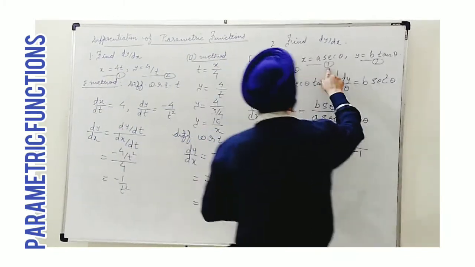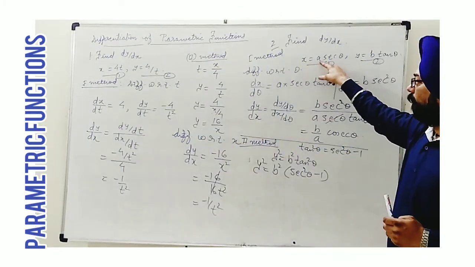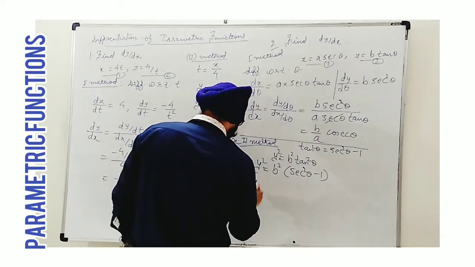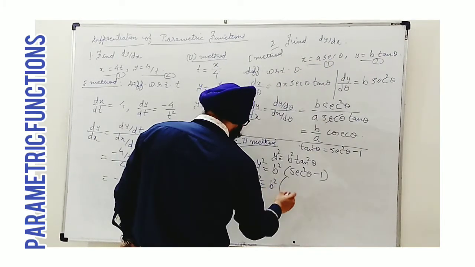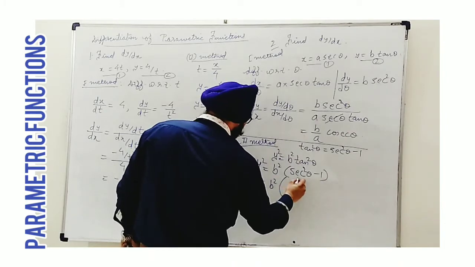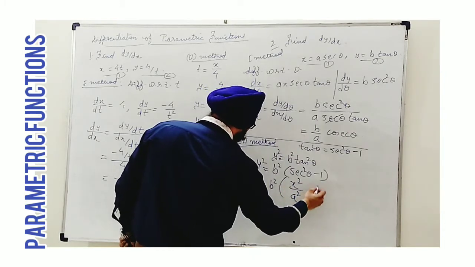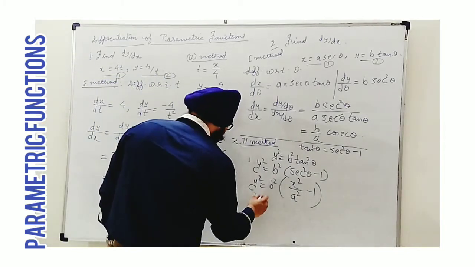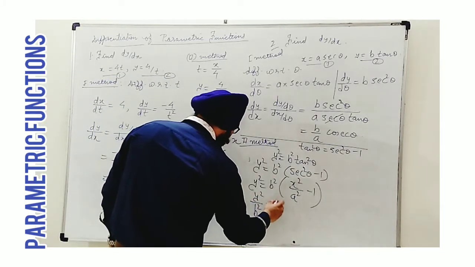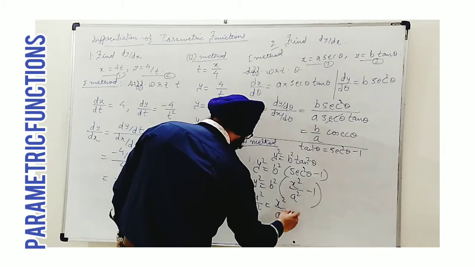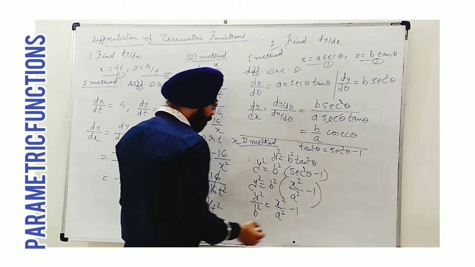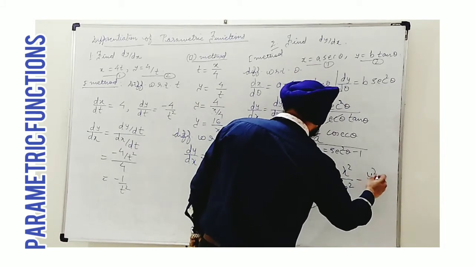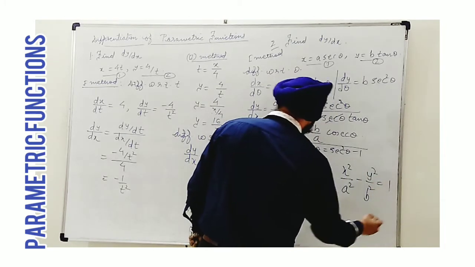Now from the first equation we know x square is equal to a square sec square theta. Its value we will put here. So we get y square equals b square, x square upon a square minus 1. Okay. Further it is y square upon b square. This is x square upon a square minus 1. When we simplify, we get x square upon a square minus y square upon b square equal to 1.